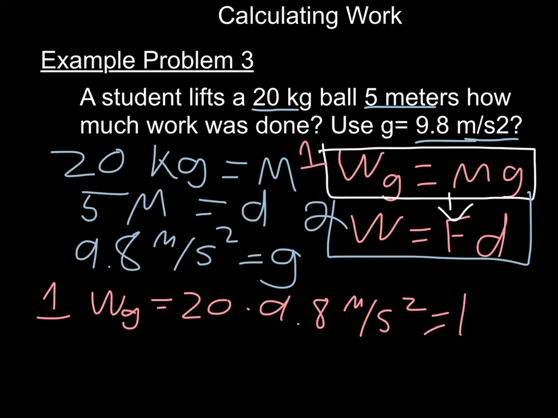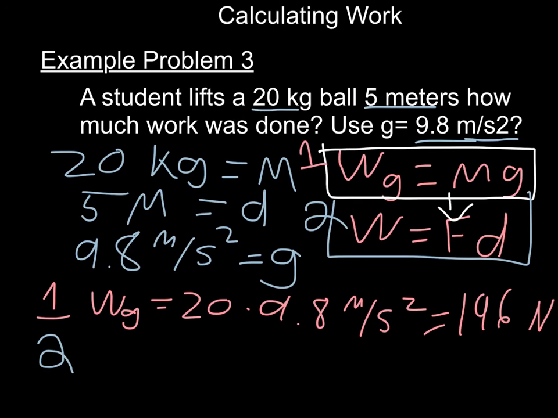And that's equal to 196 newtons. Okay, so now I can do my second step. In my second step, I'm going to be using this equation here. The work is equal to force times the distance. I'm going to get my force from what I just calculated.